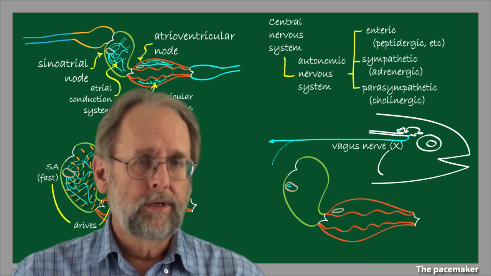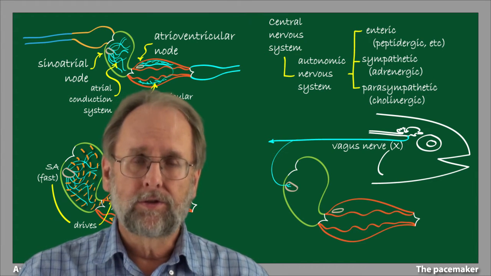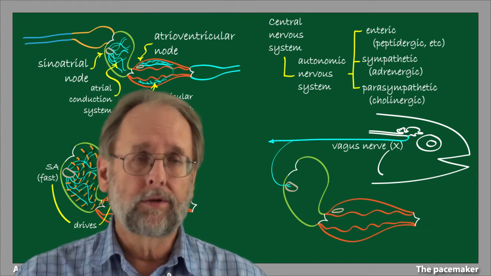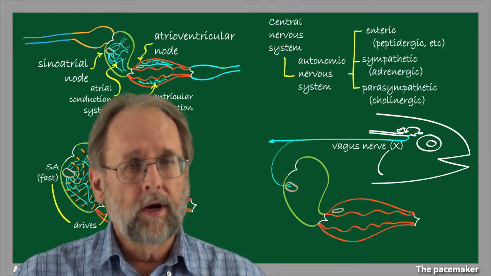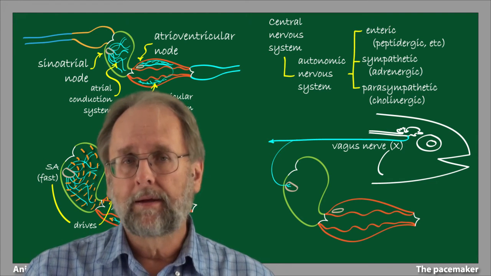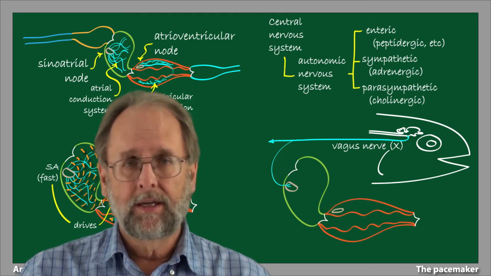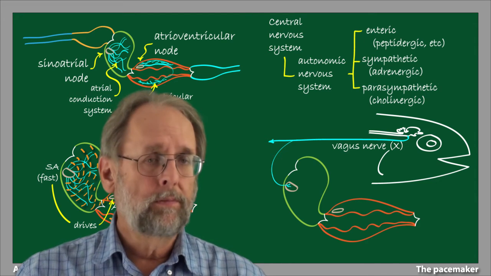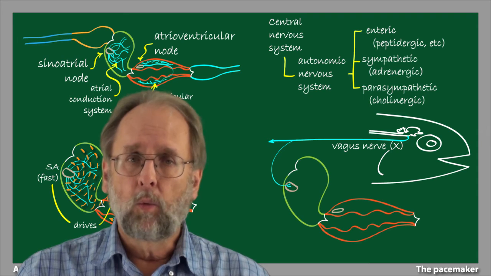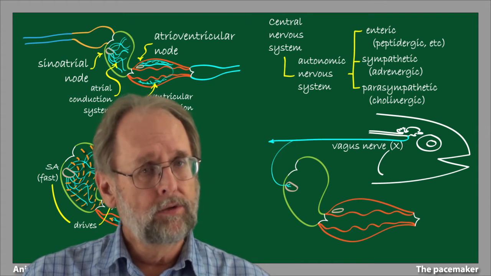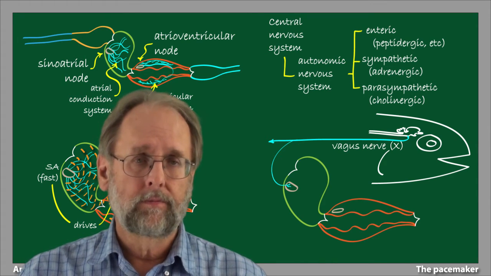The principal parasympathetic nerve is the vagus nerve, which is the 10th cranial nerve. This nerve arises from around the medulla, and it extends throughout the body, sending out branches to the various organs of the body that it controls. One of its branches extends directly to the sinoatrial node.